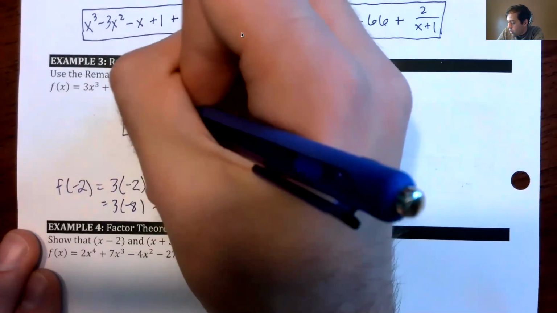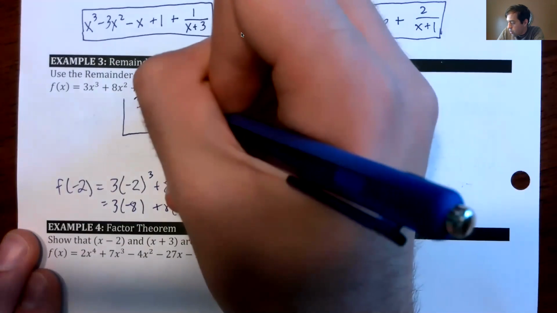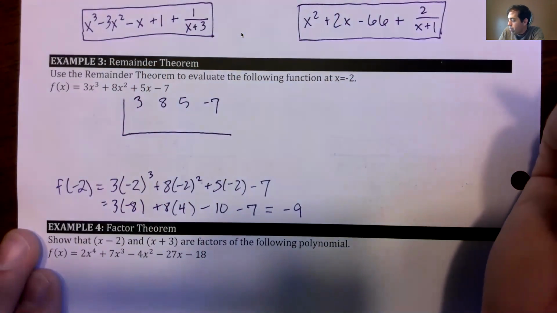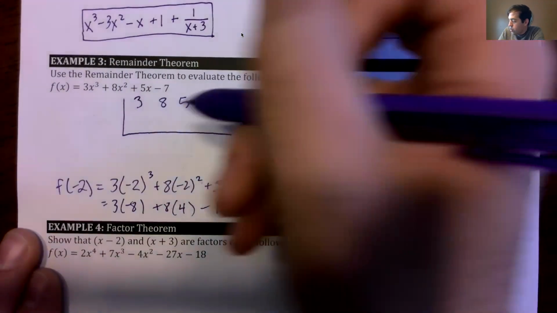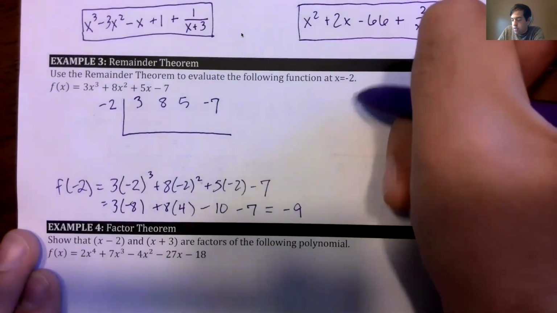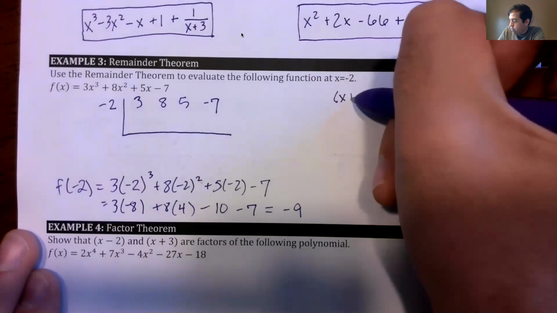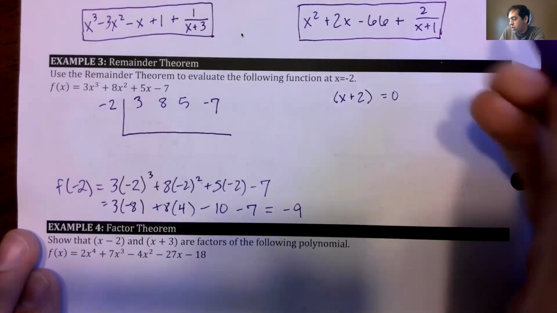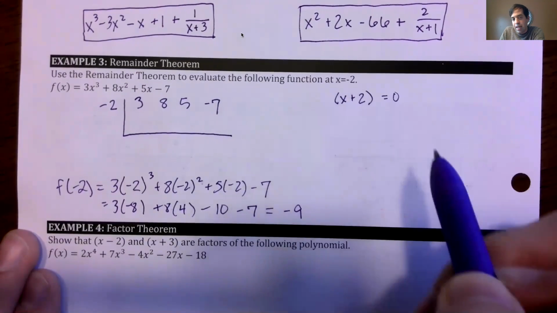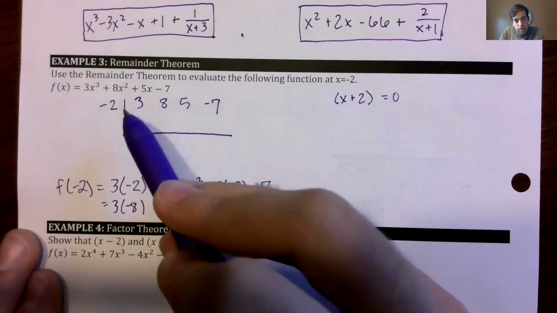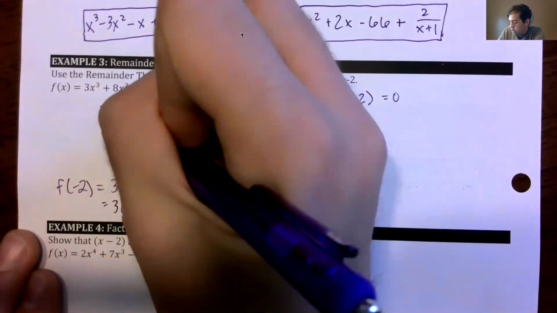So if you plug in the numbers necessary here, 3, 8, 5, negative 7. And if we're going to evaluate at x equals negative 2, that's the number that we're putting out here, right? So if you think about that, if we wrote it in factor form, it'd be x plus 2 equals 0. If we solve that for x, that's what would get the negative 2. So we know we are plugging in the negative 2 here in the synthetic division.